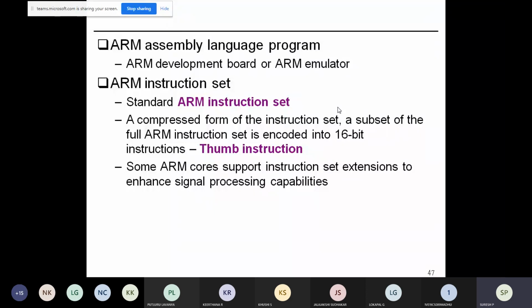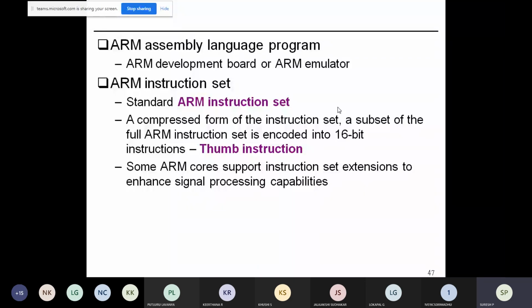When we are discussing memory, each memory location is going to hold only 8 bits of data. So if it is 32 bits, how many memory locations do you require to store one instruction? The total ARM instruction is 32 bits, which is 4 bytes.